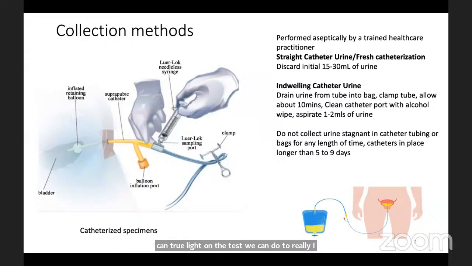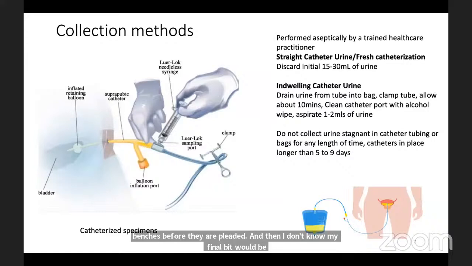And with the sample sitting on the bench, in our various labs, that would be a suggestion. We need to do more about it, because in the bigger hospitals where samples are batched before they are plated, they spend quite a number of hours on the benches before they are plated.